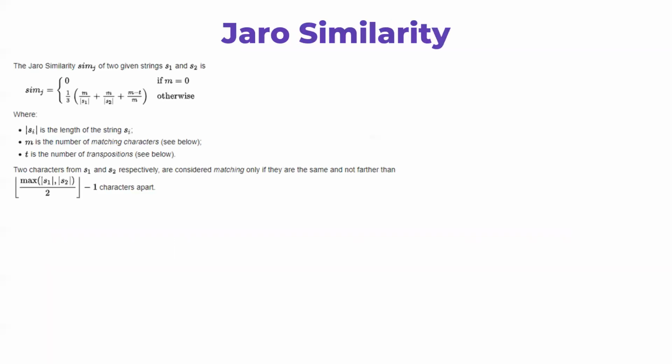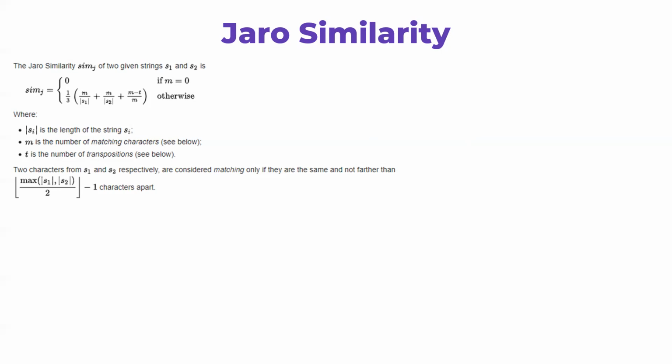So we'll be breaking down the Jaro-Winkler similarity into 2 pieces. First is the Jaro similarity in itself. So here we can see the mathematical function, and we'll be breaking down what each variable represents. So here we can see the absolute of Si, which corresponds to each respective string, is the length of each string. M represents the number of matching characters, while T is the number of transpositions.